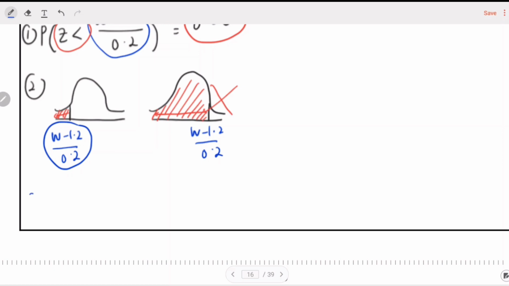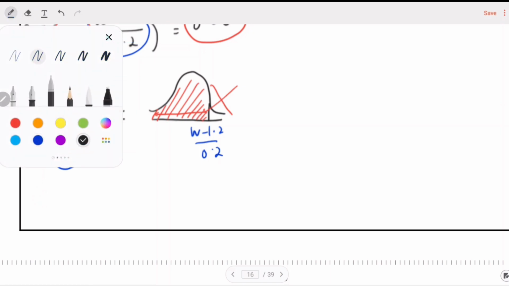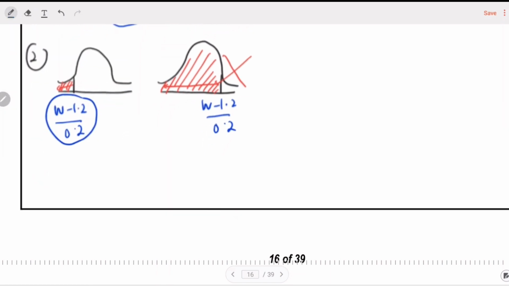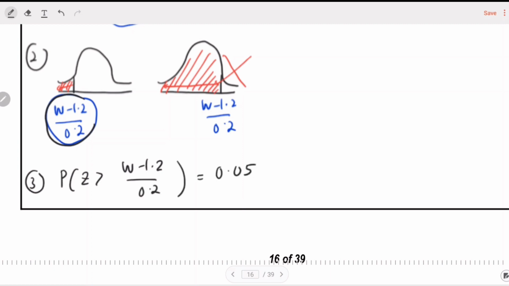Next, proceed to the third step, which is to identify whether we need to put 1 minus or not. And since we didn't shade the middle part of our bell shape, we don't need to put 1 minus, so we just have to put Z greater than this value here, equal to 0.05.